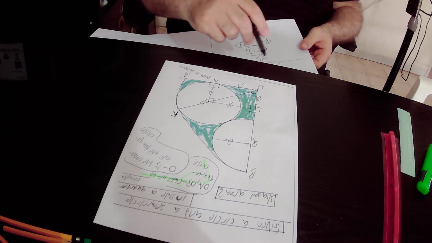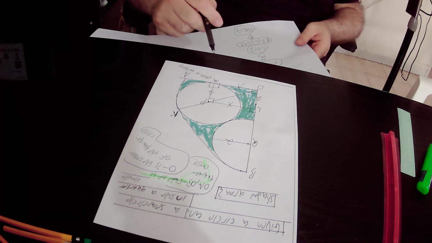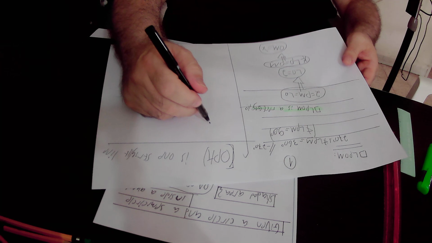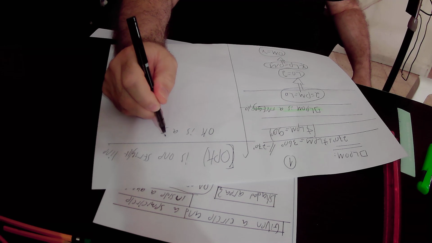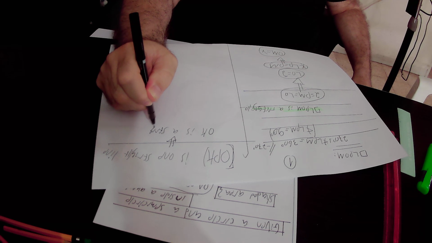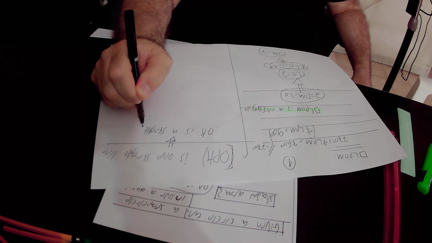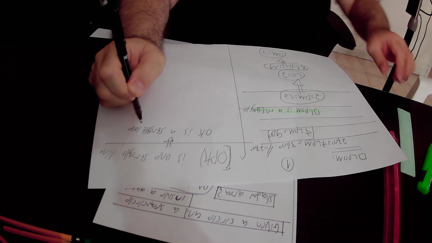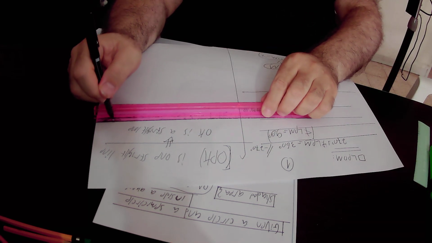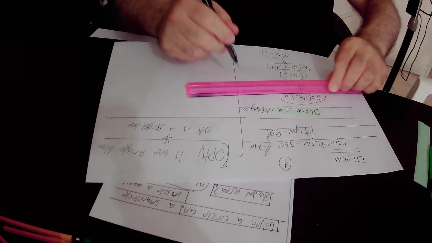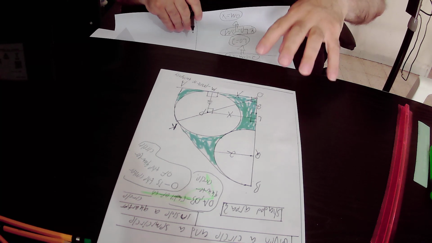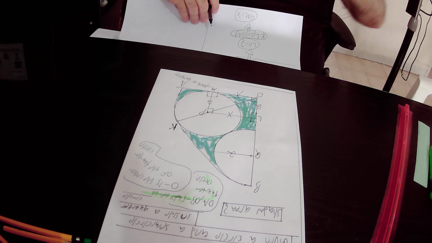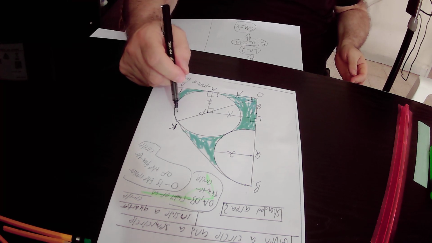So if OPK is a straight line, then OK is also a straight line. Here, point O is the center of the quarter circle and point K is a point on the quarter circle itself.